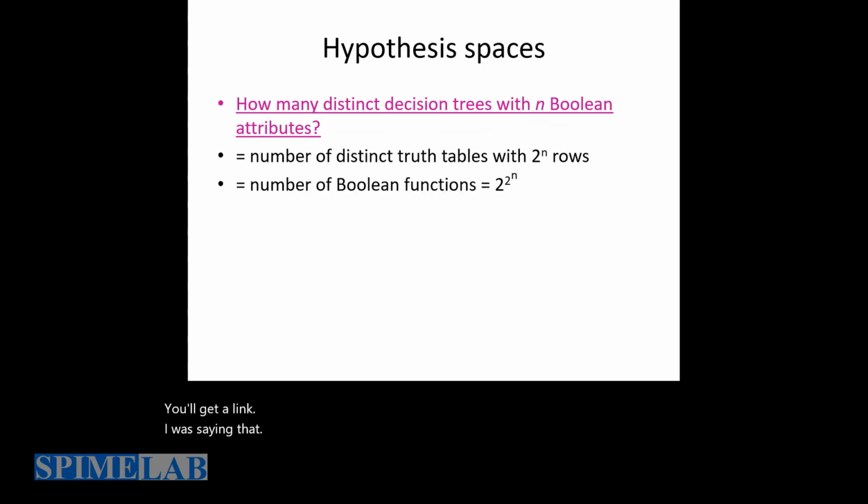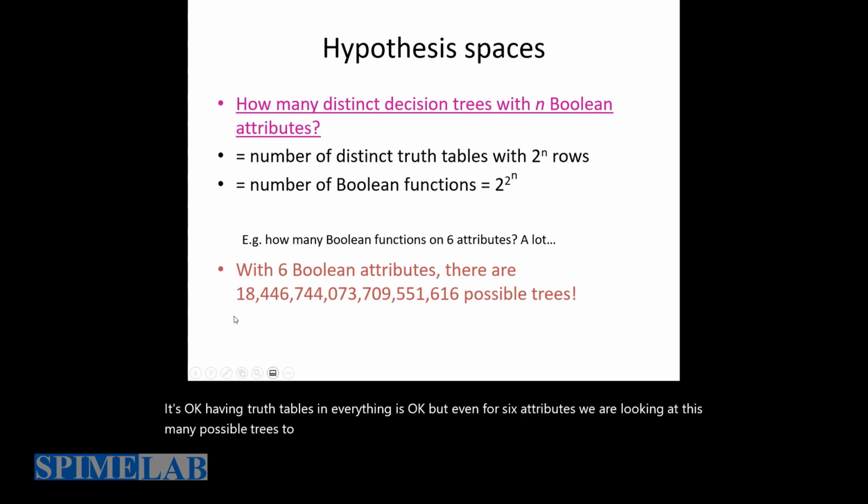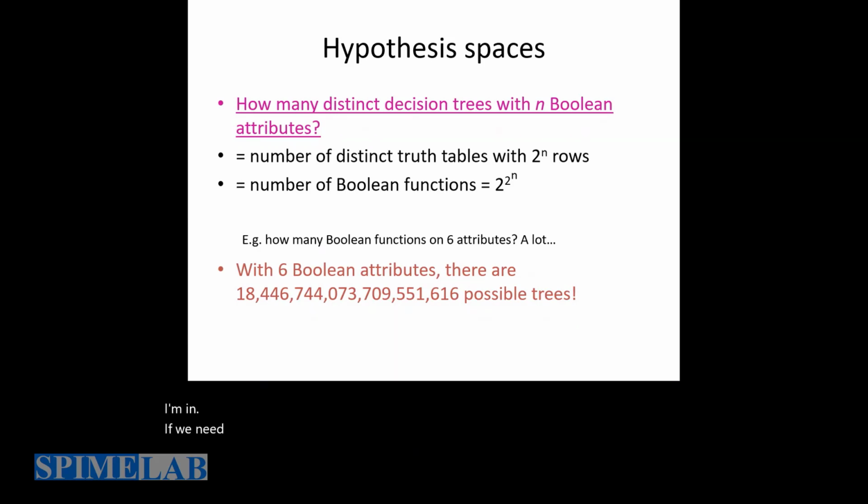It's okay, having truth tables and everything is okay, but even for 6 attributes, we are looking at this many possible trees to solve an arbitrary problem. I mean, if we need to go through this many trees and check which one works best, it's going to be a serious bottleneck, right?